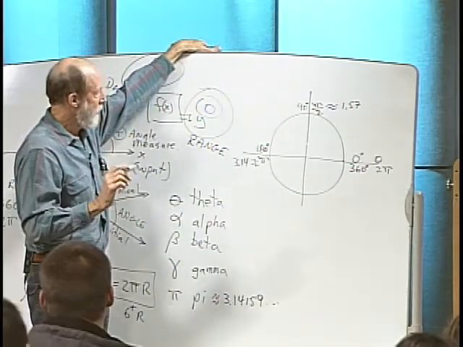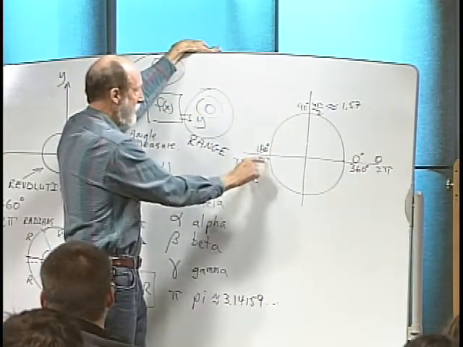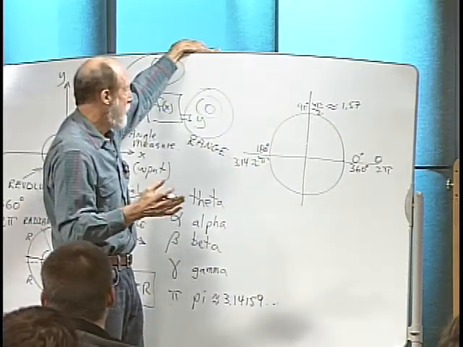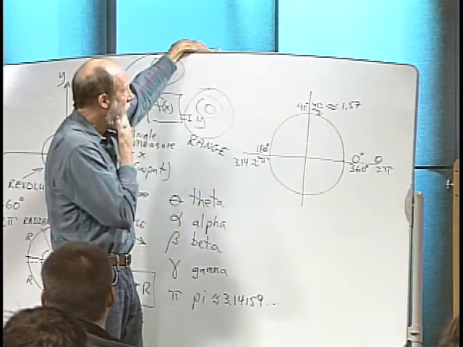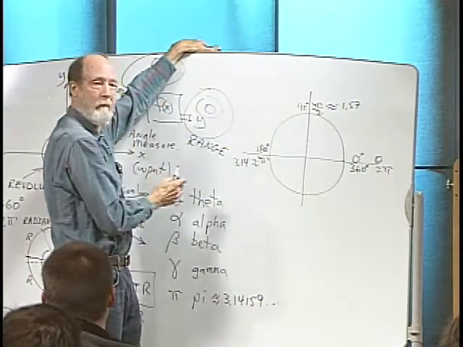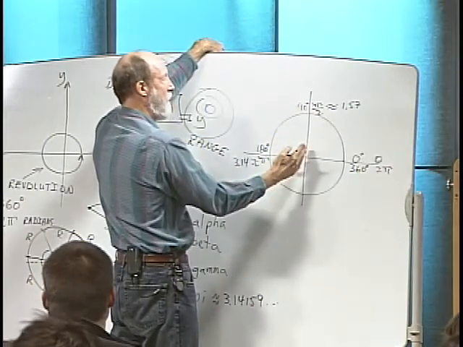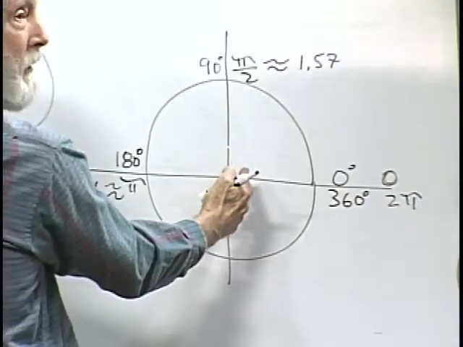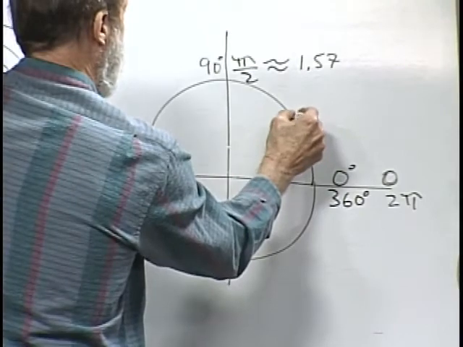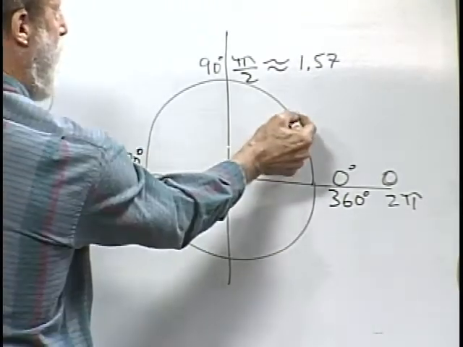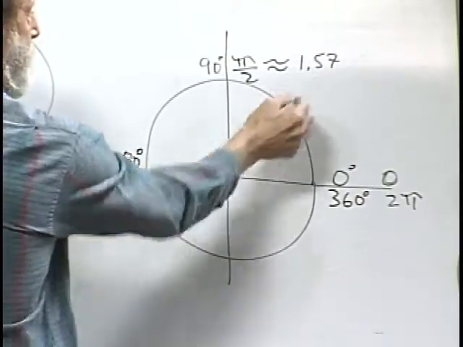Okay, let's take this 180 degrees and pi radians, and let's cut it into, how about quarters? So actually what we could do is come up here to 90 degrees and cut that in half. If you cut 90 degrees in half, our terminal side is going to be right through there, isn't it? Right here, terminal side.